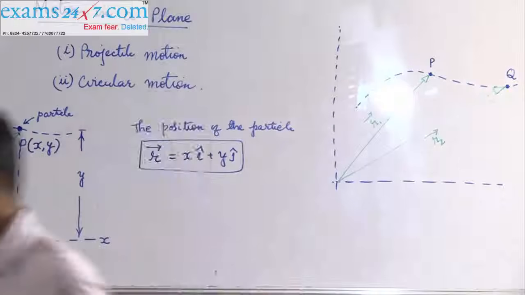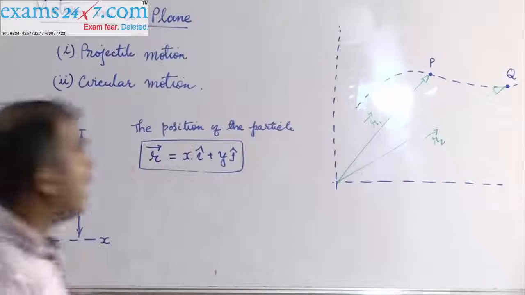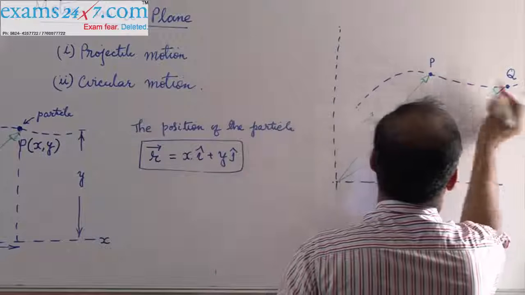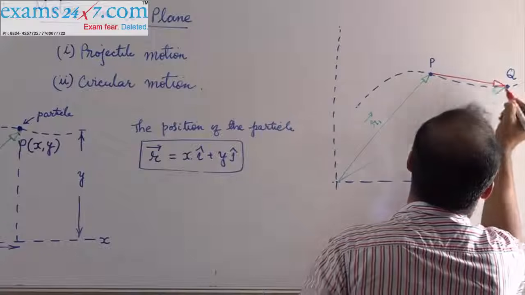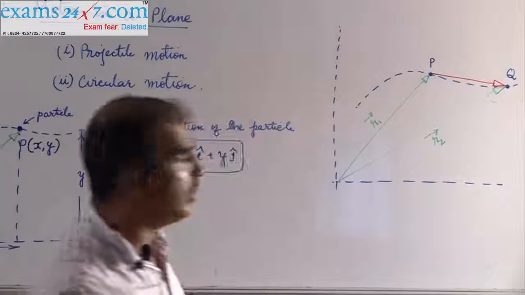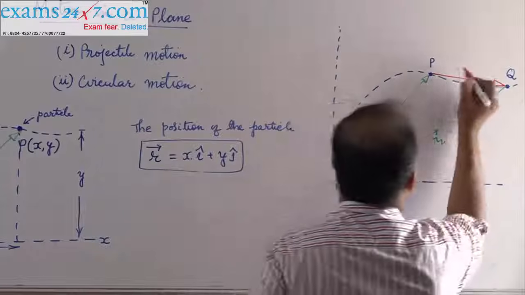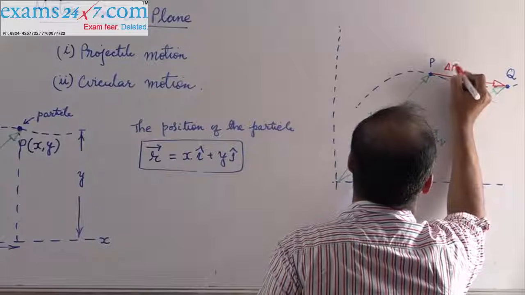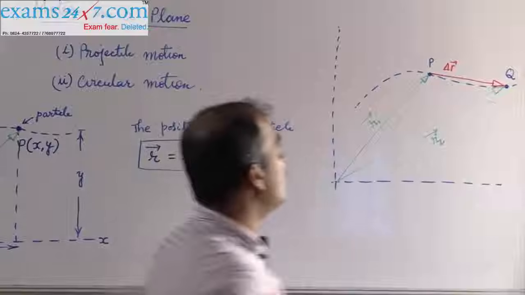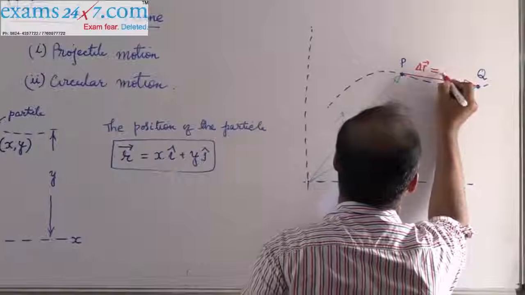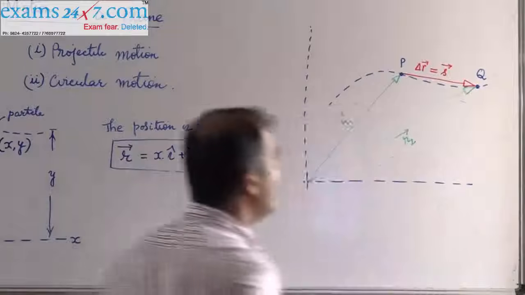In this process, the particle has changed its position from P to Q, and if you draw a vector from P to Q directly, we get a vector called the position difference or displacement. Displacement vector delta r, or equivalently you could write it as S vector as well.